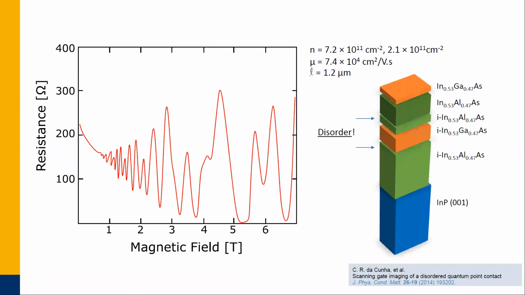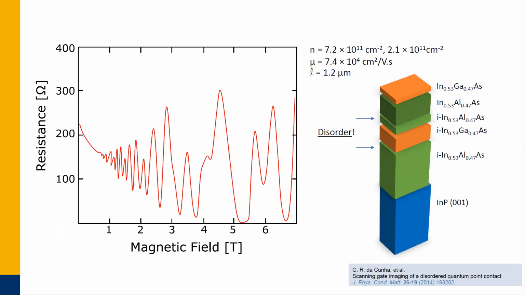So these are experimental measurements. This is a real Shubnikov-de Haas, the longitudinal resistance. And doing the calculations, we see we have a very high carrier concentration, but look at the mean free path, 1.2 microns at 280 millikelvin. At 280 millikelvin, you would expect something like 15, 20 micrometers.